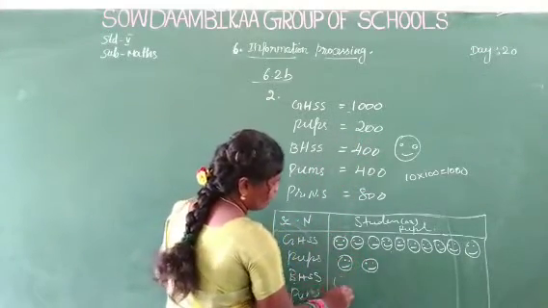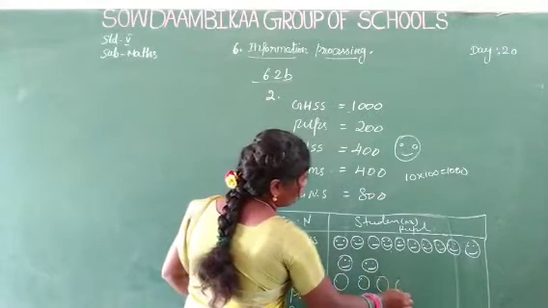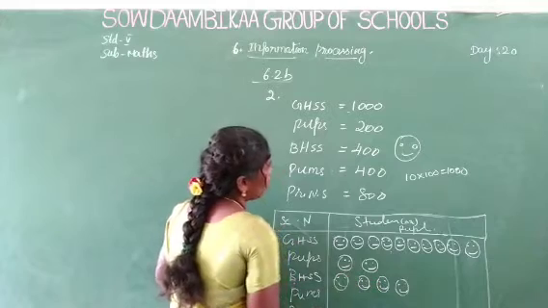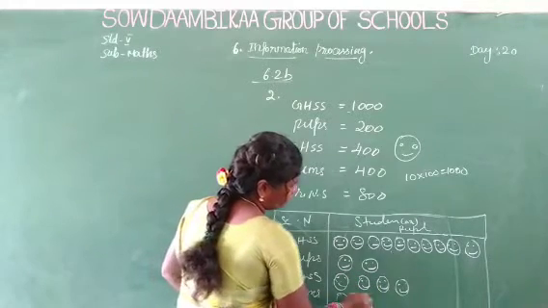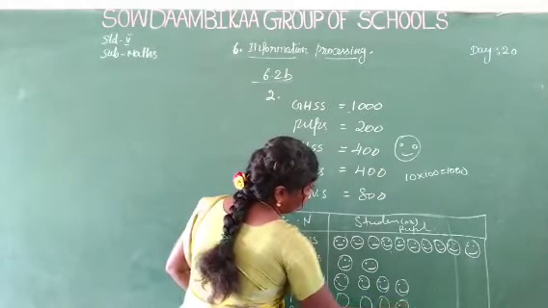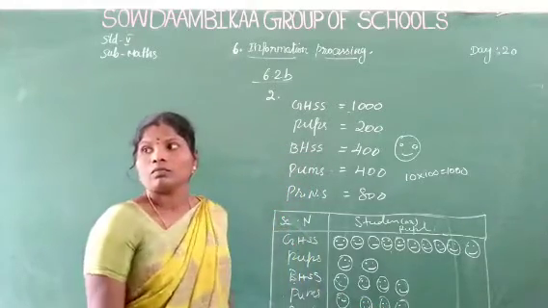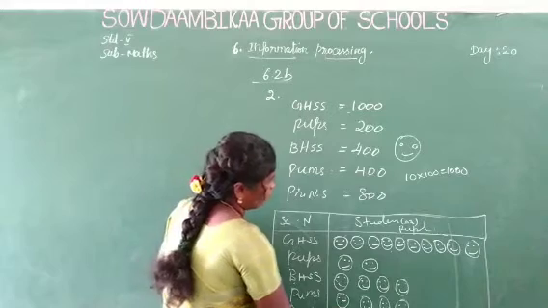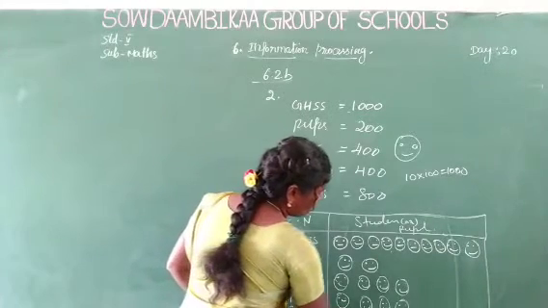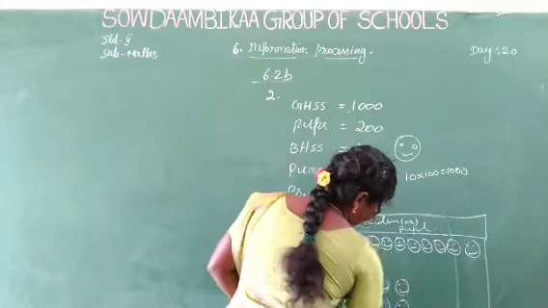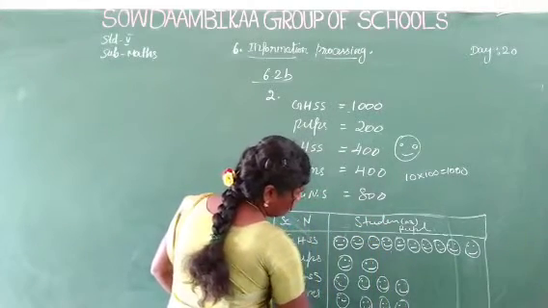Next 400, so 1, 2, 3, 4. Next 400. Then 800: 1, 2, 3, 4, 5, 6, 7, 8.